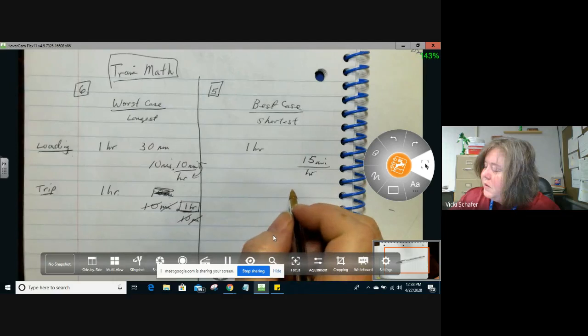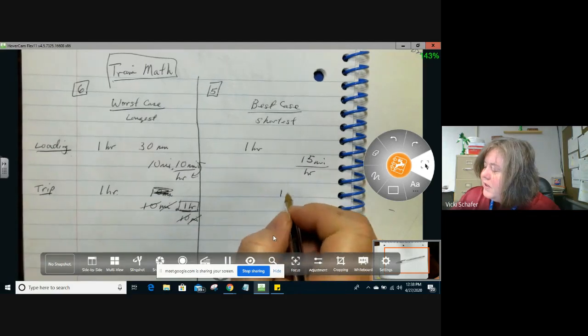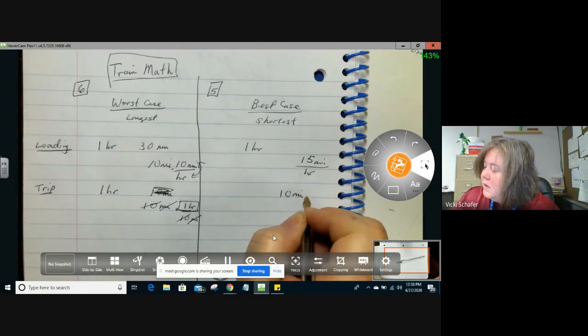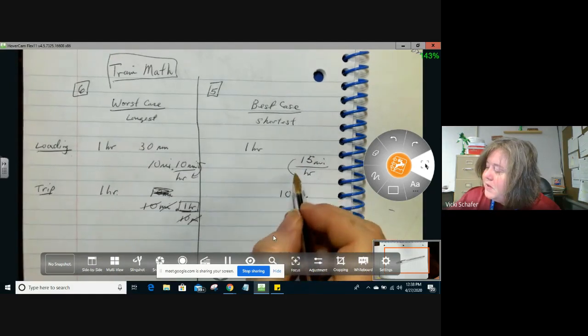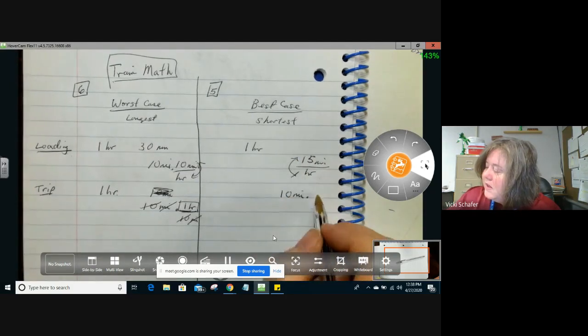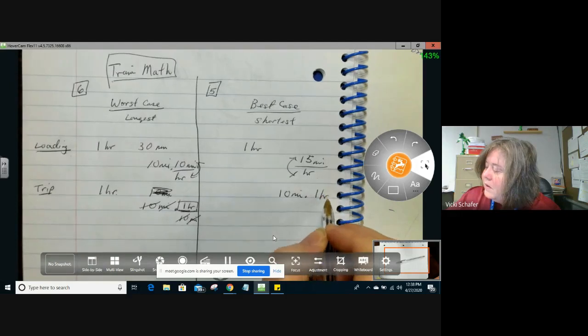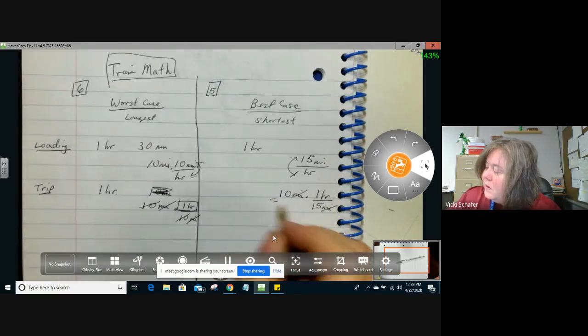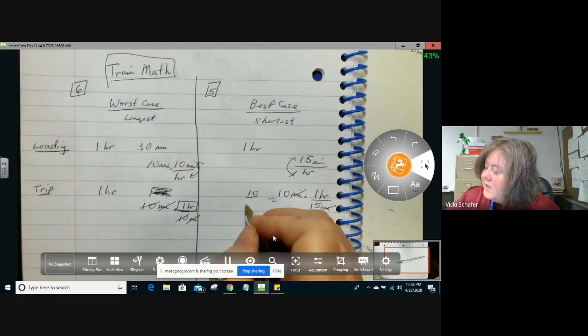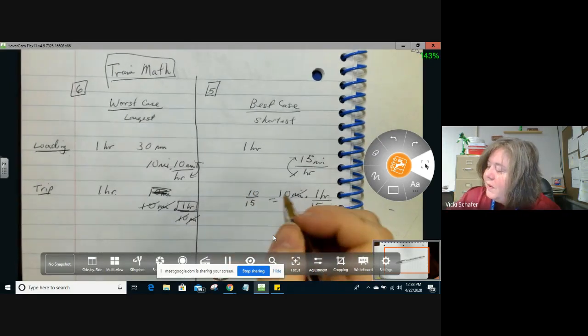In the best case scenario, we do the same thing. We know that we are going for 10 miles. We know that we need the miles to be on the bottom, so we're going to flip this and say that we have 1 hour that passes for every 15 miles. Our units cancel, and we end up with 10/15 of an hour.